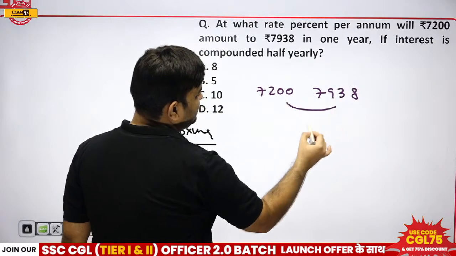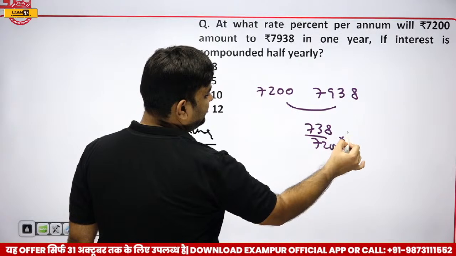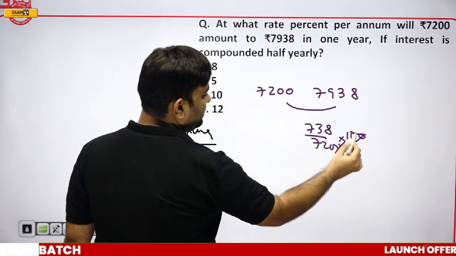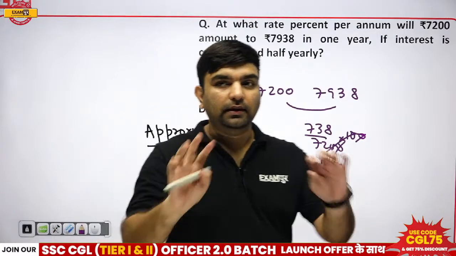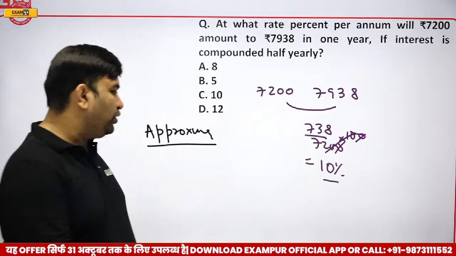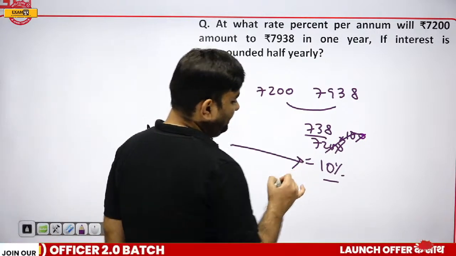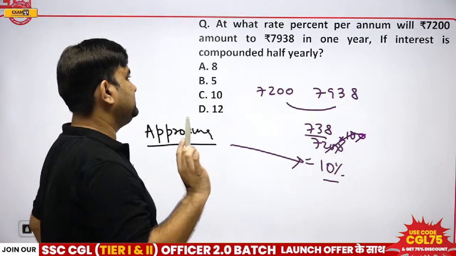You will say, sir, 738 interest over 7200, approximately 10%. In a complete year, approximately 10% interest.